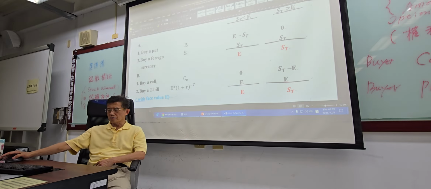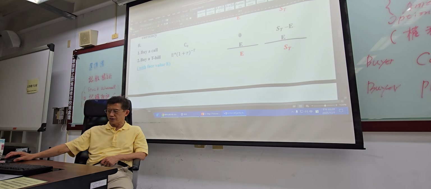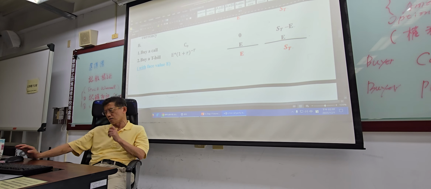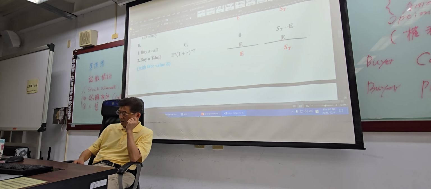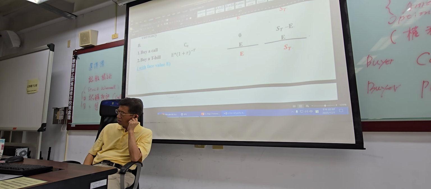But you probably will wonder, it's very difficult for you to buy a treasury bill with a face value exactly the same as the exercise price of the option. Because here, like in Taiwan, our face value of a treasury bill is $100,000 NT dollars, which is a fixed amount.